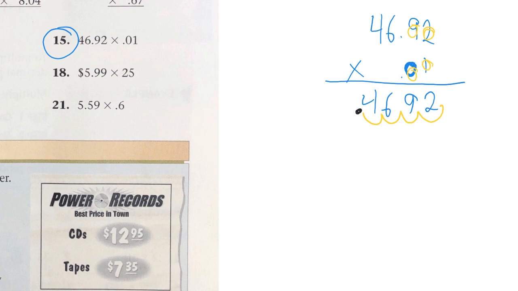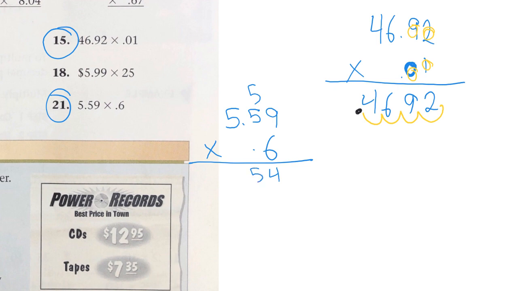Let's try one more. We'll do 21, 5, and 59 hundredths times 6 tenths. So 6 times 9, 6 times 5, now we count up the decimal places.